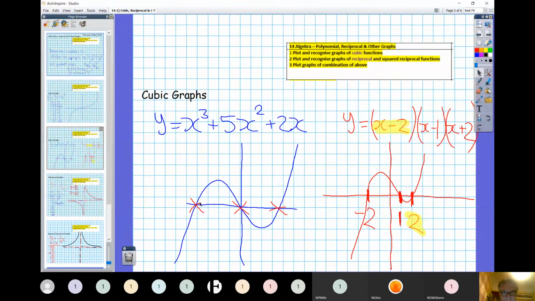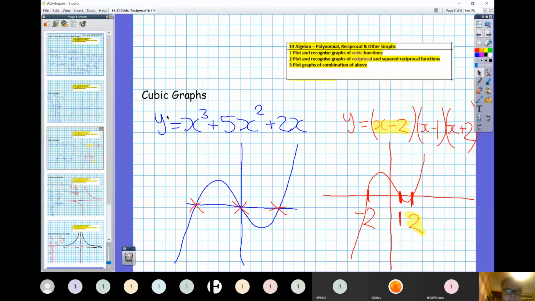But note the general shape is kind of the same. As we're going into the negatives, we get a big negative y eventually, and once we get past this dip here, as the x values get bigger, we're getting big y values. So it's still the general shape that when it's a positive x cubed, it's positive over here, negative over here, but with a couple of bumps.